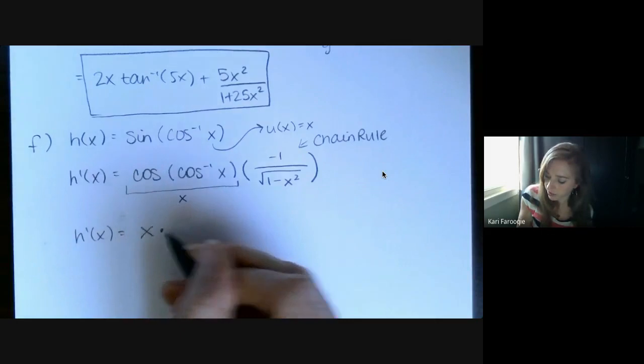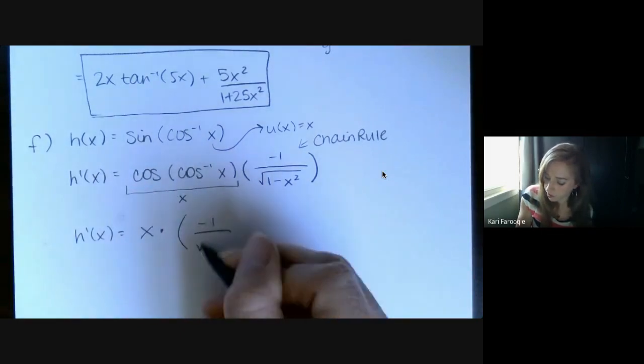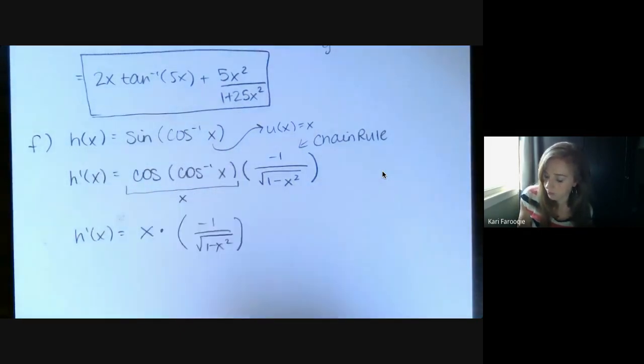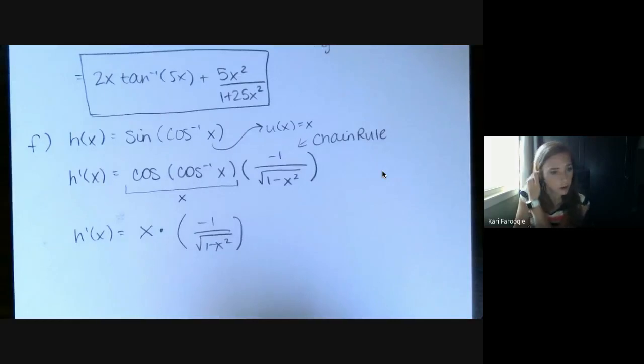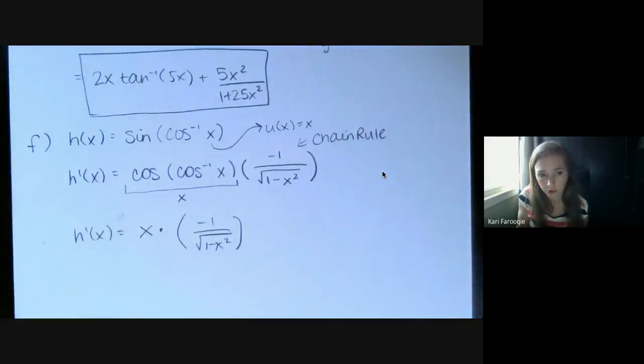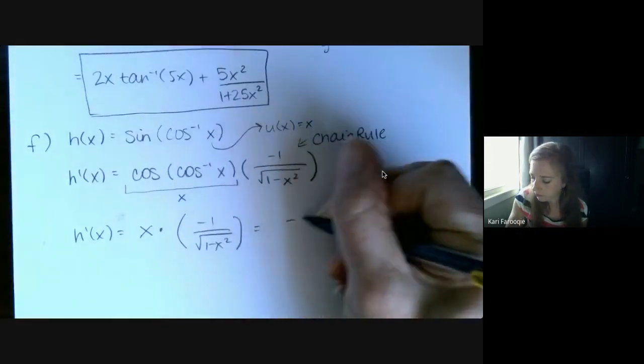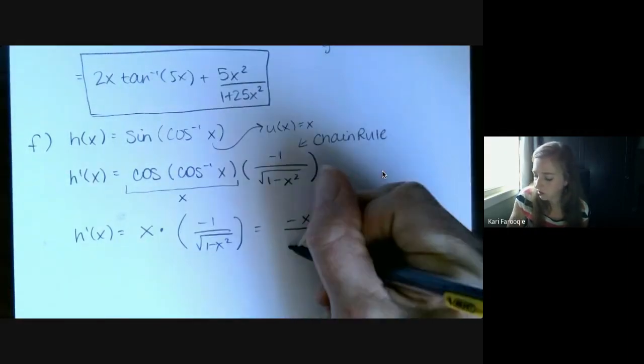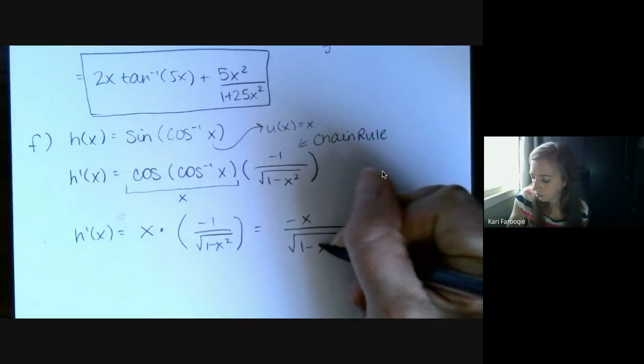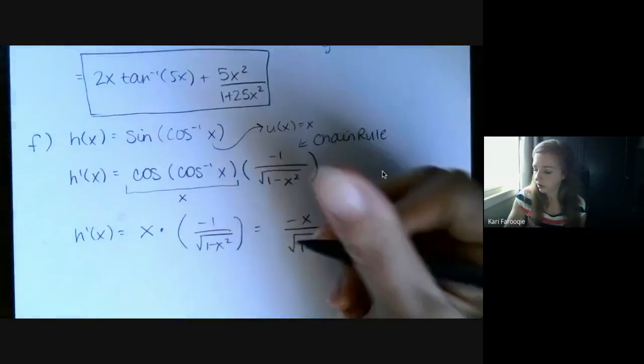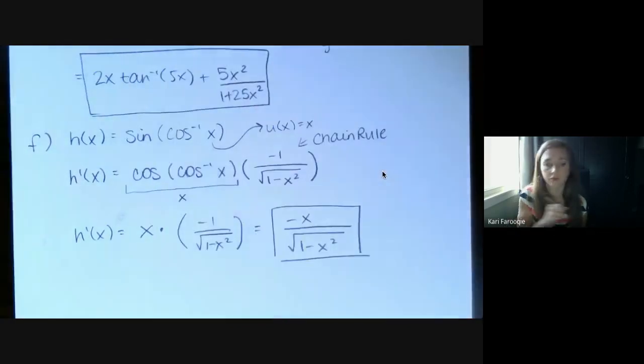So we have x times, and I'm going to write this in 2 steps instead of 1. And again, this is from trig. If you don't remember it, I'm reminding you now. And we'll simplify this to negative x divided by the square root of 1 minus x squared. There's your derivative.